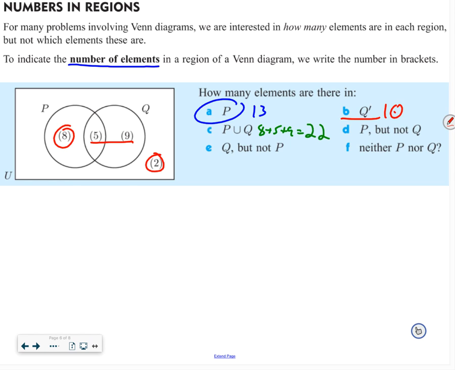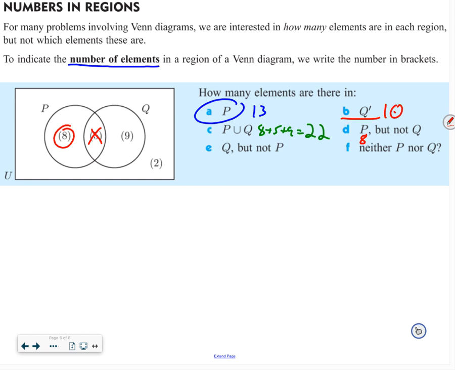So how many elements are in P but not Q? Well, P not Q is just those. There are 8 elements in P, not in Q, so we're not going to add that intersection.